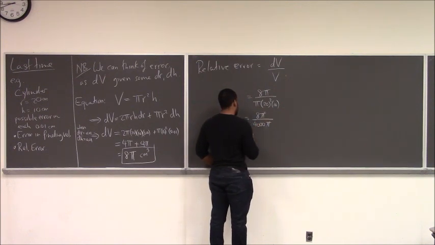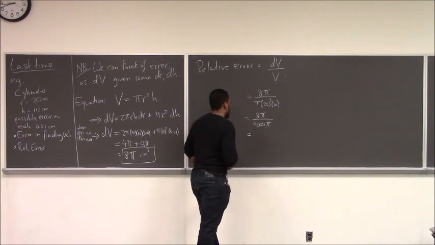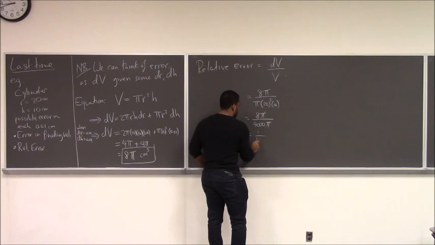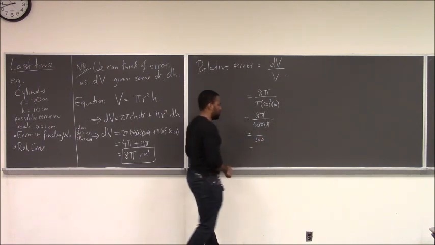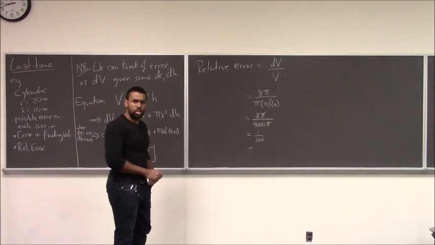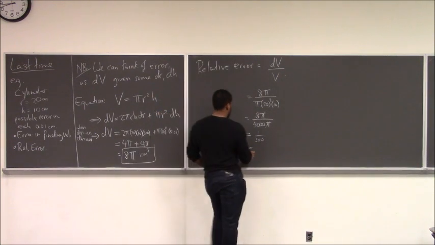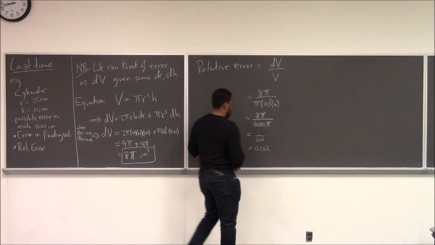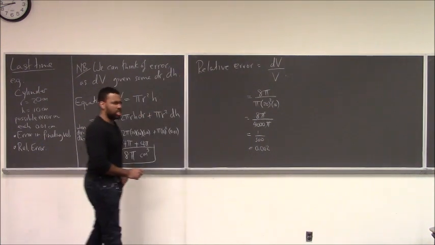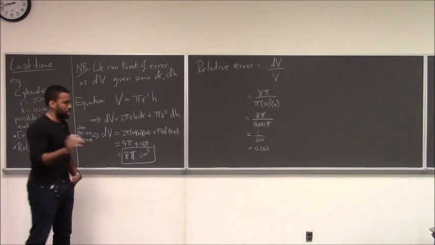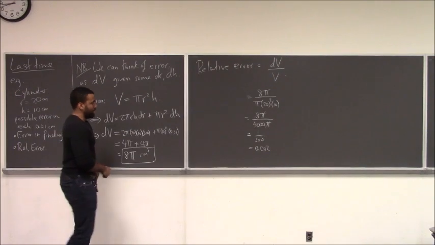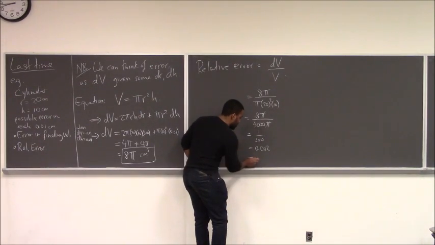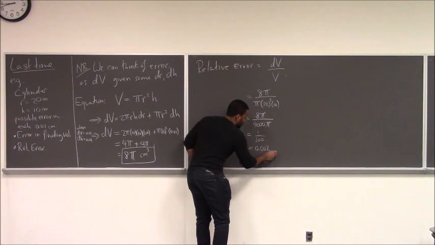Pi's would cancel. 8 also goes into this, so it's 1 over 500, which is what, 0.002 or something like that? Is that 2 zeros? I can't bother thinking about it. Which you can think of as 0.2%.